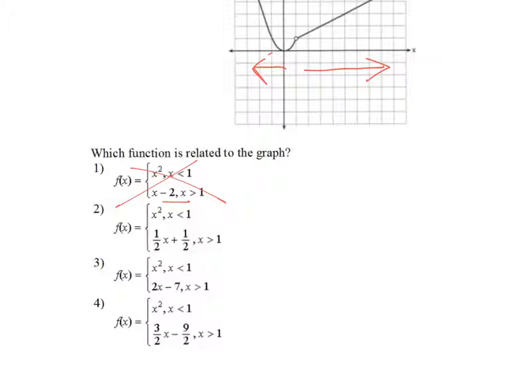Here the y-intercept possibly could be at 1/2. If we look at choice 3, the y-intercept can't be at -7. And if we look at choice 4, 9/2 is approximately equal to 4.5, so it definitely isn't down at -4.5. So this is not going to work. So the obvious choice is choice 2.